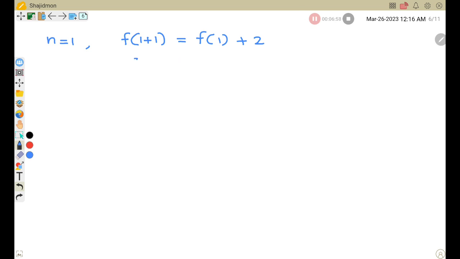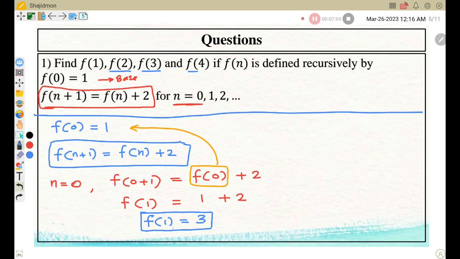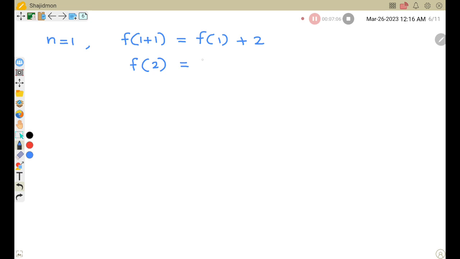So f of 2 equals, what is the value of f of 1 here? 3, correct? Already we calculated. So 3 plus 2, that means f of 2 is 5.